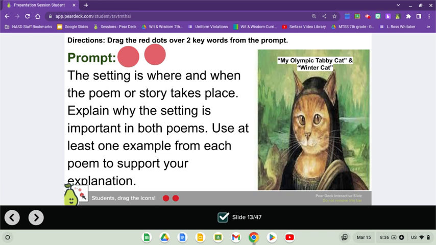Please take the time to drag those 2 red dots to the 2 most important words now. Obviously, maybe not both for setting, but definitely setting is what this is asking you to explain. Why is it so important in both poems?